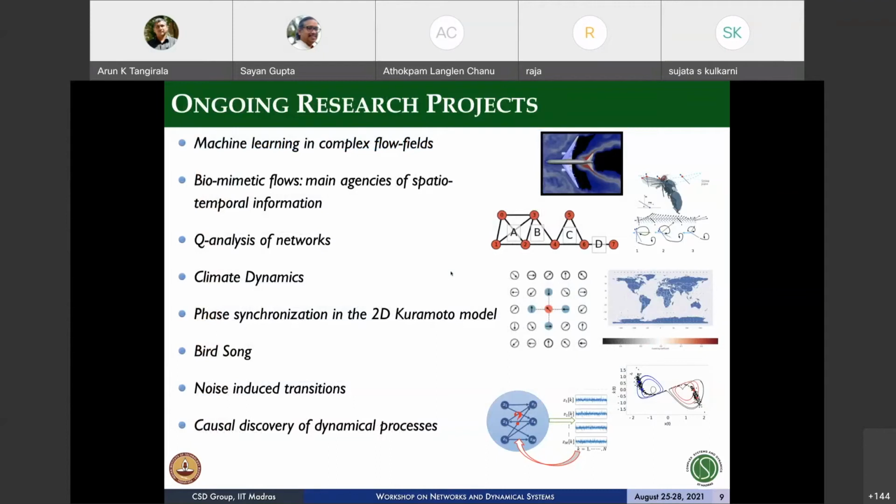And again, just to give you an idea here, we are looking at climatic processes. We are looking at biological systems or nature. For example, the bird song, this project, there is a model that's being developed, and what are the frequencies, what are the kind of dynamics involved, and so on, is the subject of analysis there.